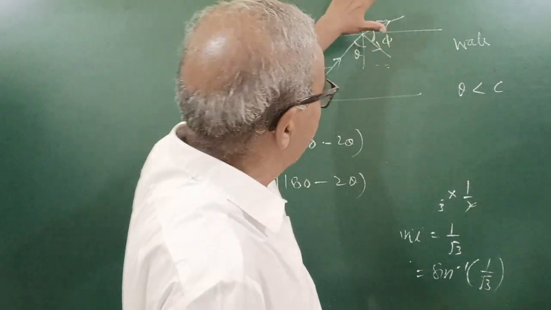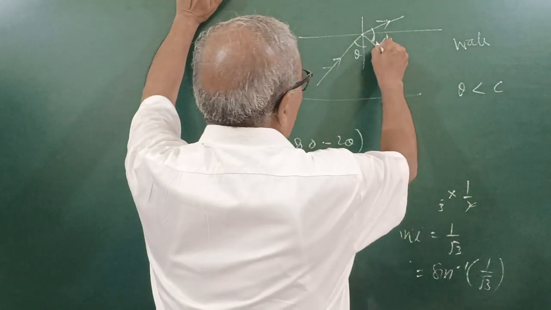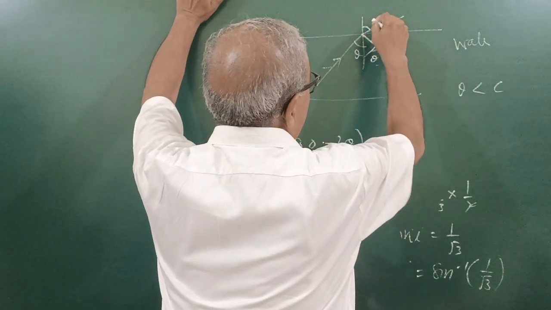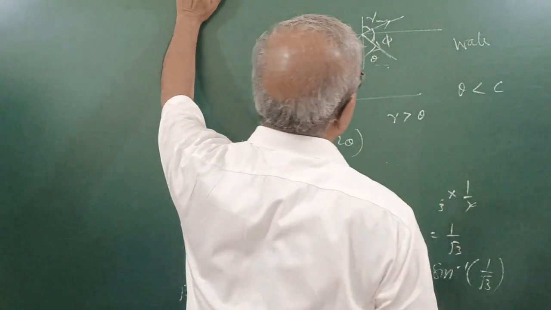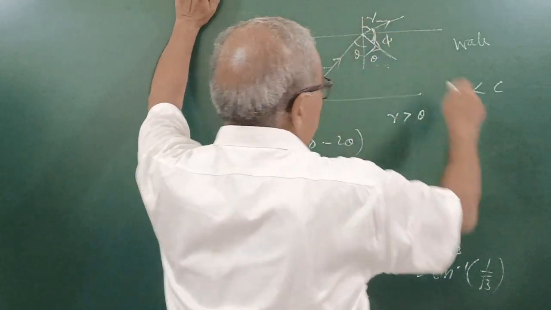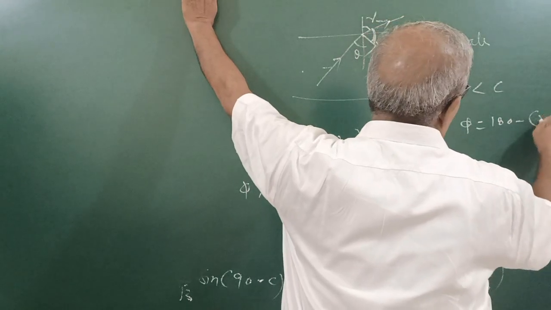So there will be a reflected ray and a refracted ray, then how to find this angle? According to the law of reflection this will be theta, and this is angle r. Here r is greater than theta, and phi equals 180 minus (r plus theta).